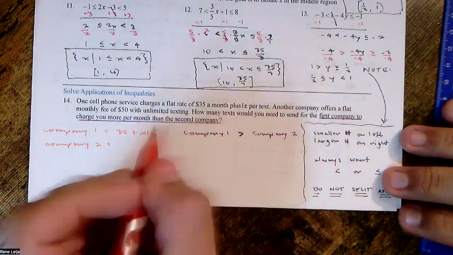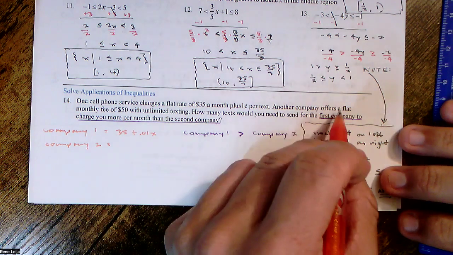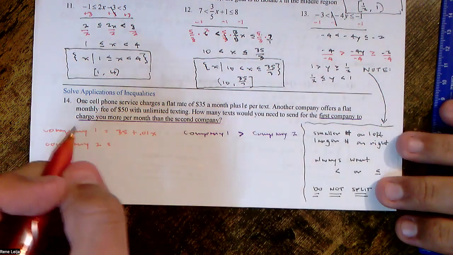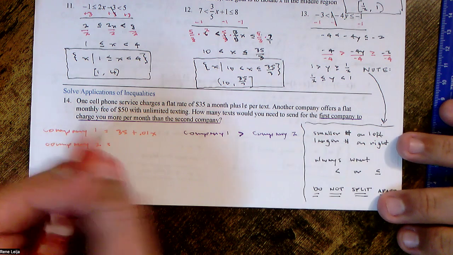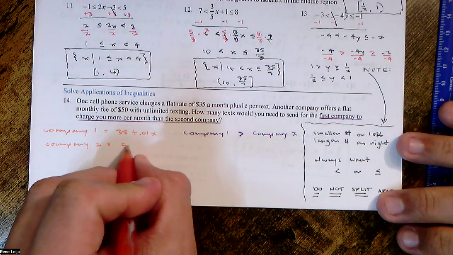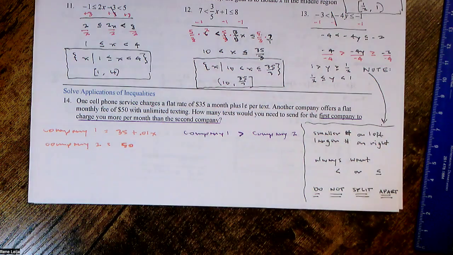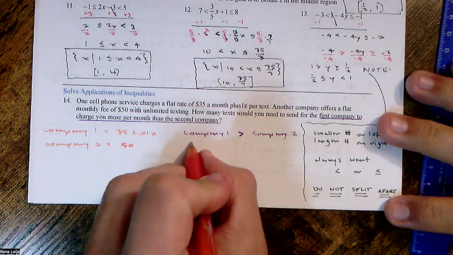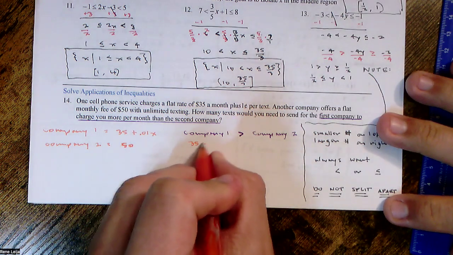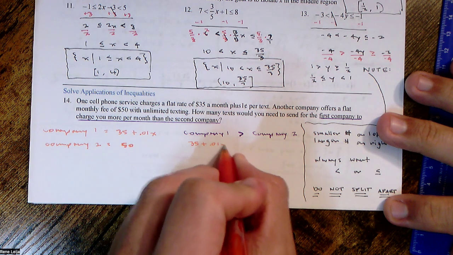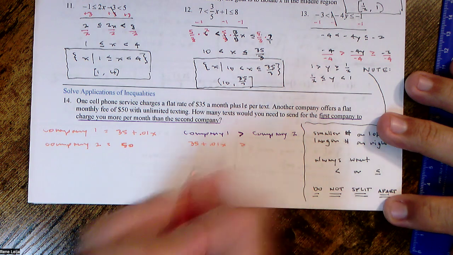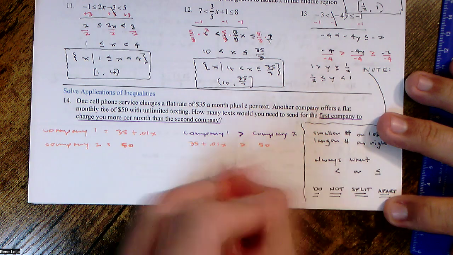Okay, per text. The second company, another one, charges a flat fee of $50 with unlimited texting. So they're not going to charge me for texting. They're just going to charge me $50. Okay, so now we're going to plug this in. So company 1 is 35 plus 0.1x is greater than 50.